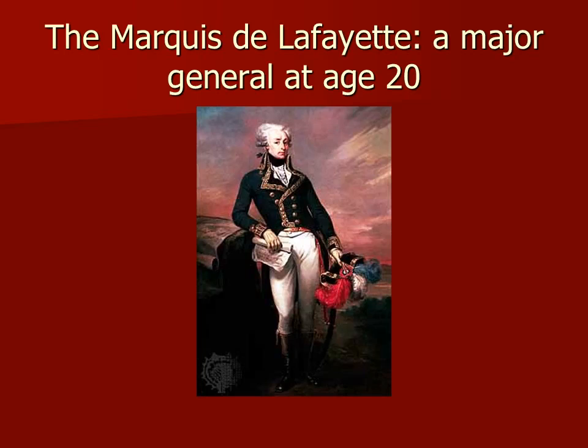The other, and probably the most famous, was an individual from France who came over here at the age of 20. At the age of 20, he was already a major general in the French army. He came over very early in the war, and his name was the Marquis de Lafayette. He was French nobility, and he came here because he truly believed in what the Americans were fighting for.